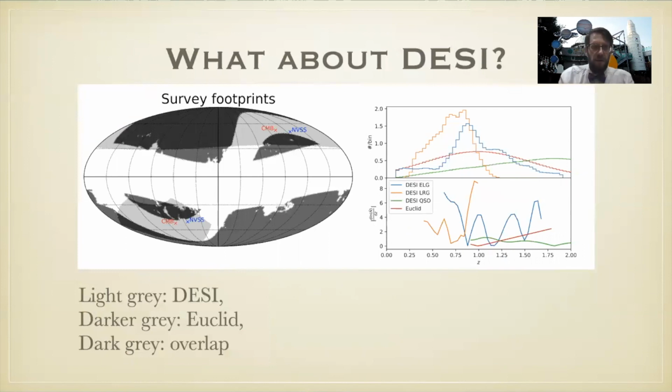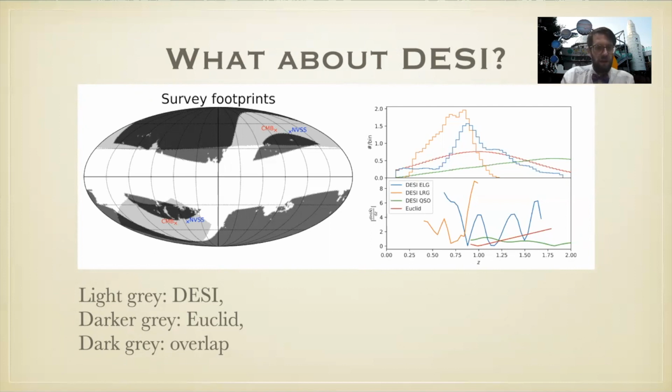As the Kaiser rocket effect is a function of both the angular and radial selection, it would be unwise to focus on Euclid alone. So what about DESI? The DESI footprint in the galactic south, which you can see here in light gray, is almost aligned with the CMB antidipole.